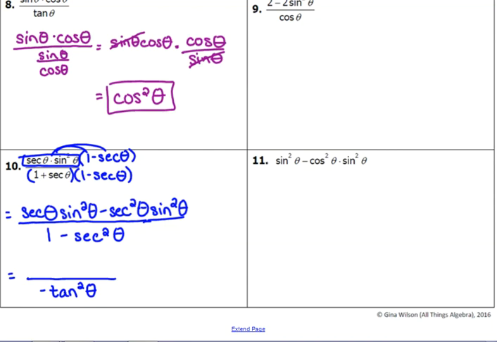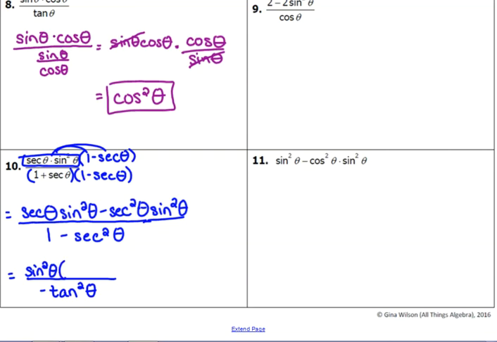Now, I know we just multiplied out the numerator, but because now I've got this tangent squared in the denominator, I'm thinking that it would be helpful if my sine squared was factored out here in the numerator.